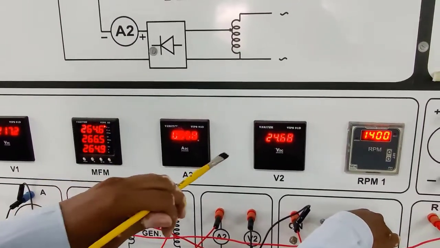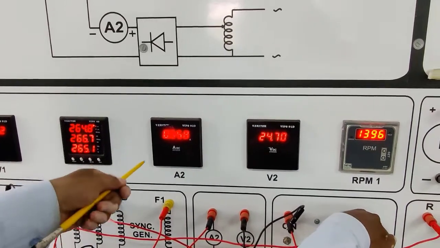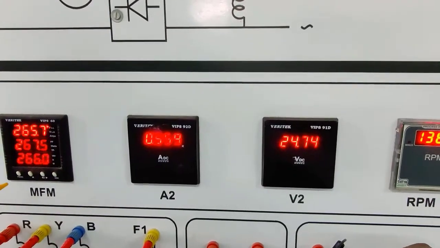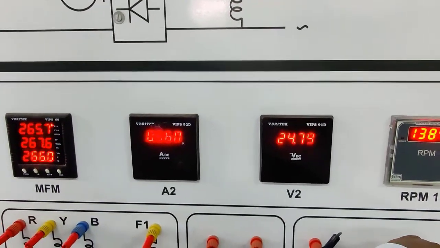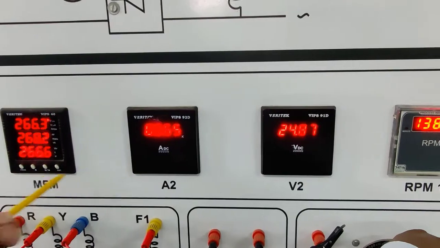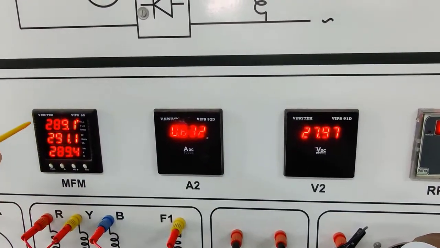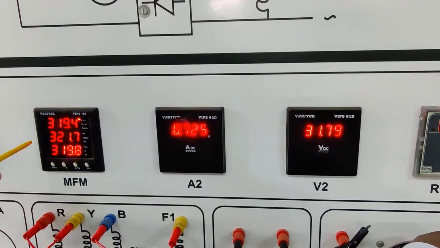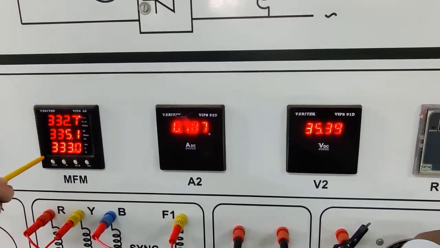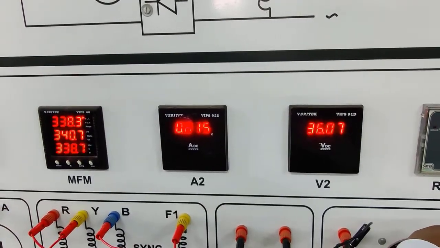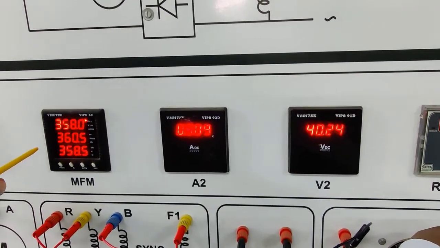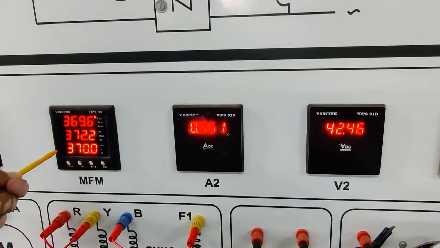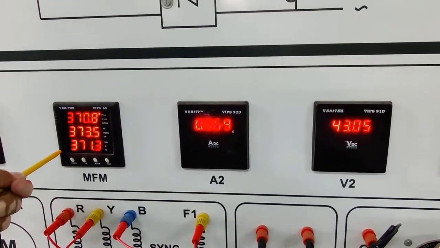Voltage 24.68, current is 0.55 ampere, and this is the generated voltage across the generator. As we are increasing the excitation, the generated voltage is increasing, and this test is performed at rated voltage 400 volt. So you have to bring this excitation up to 400 volt.